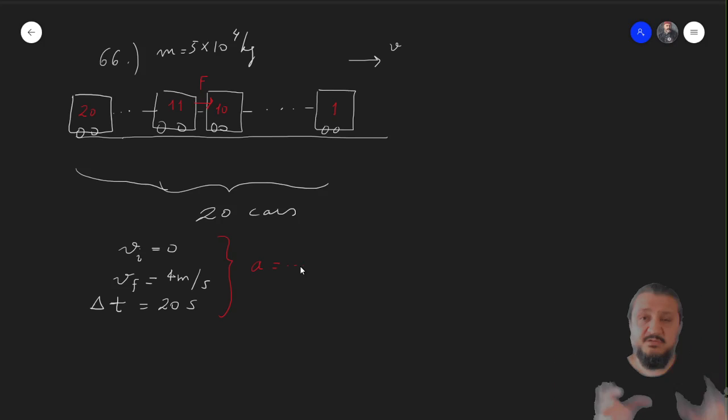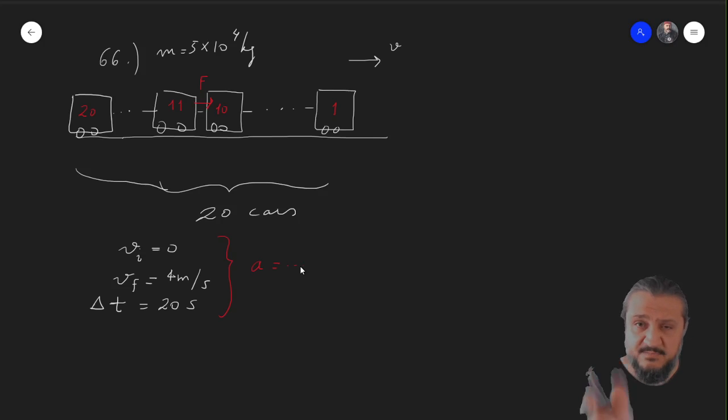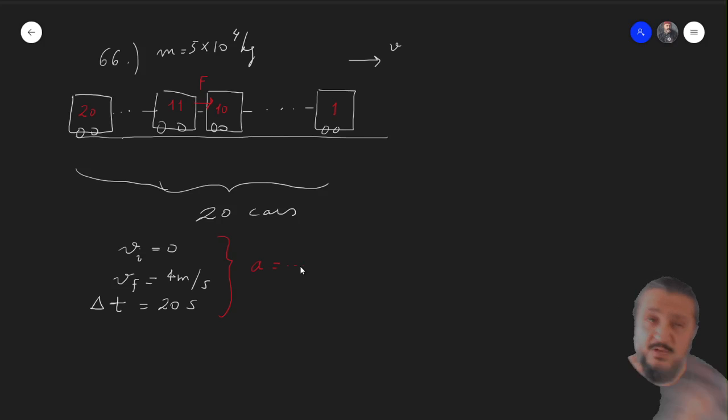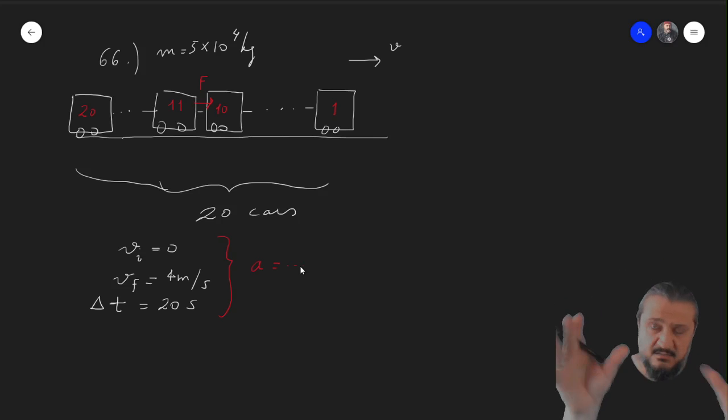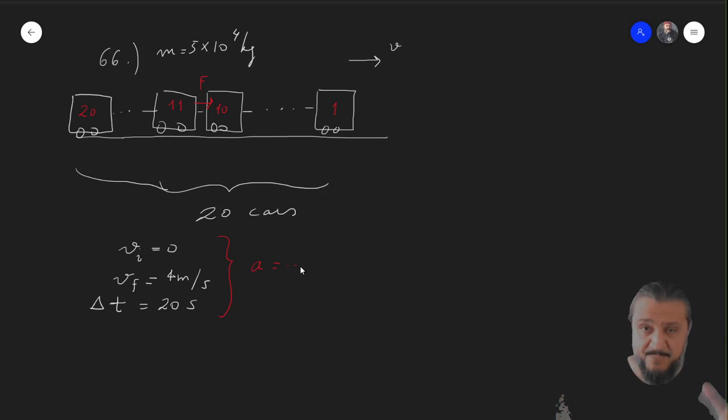So why don't I do this? Let me take the cars on the left, from the 11th car to the 20th car, and treat that part of the train as a single unit, a system. Okay, so I'm going to isolate that part. So let's isolate it.